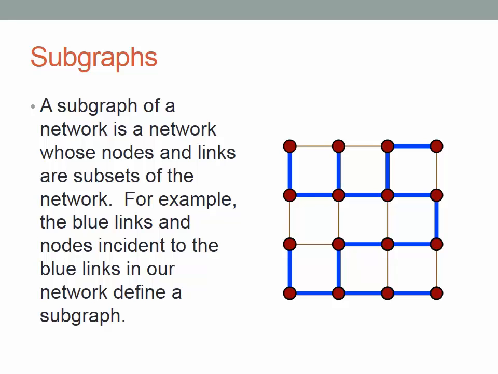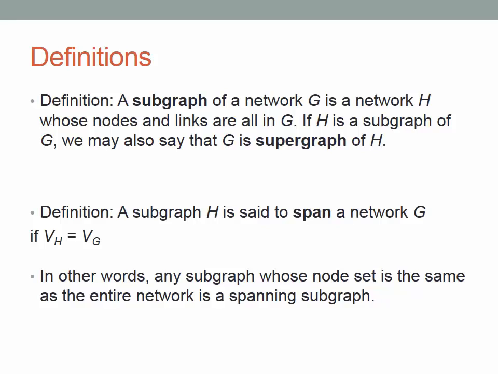And if we select the blue links together with the incident nodes, that defines our subgraph. More formally, a subgraph of a network is a network whose nodes and links are subsets of the node set and link set of G.